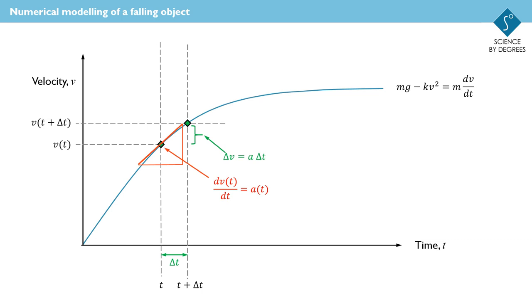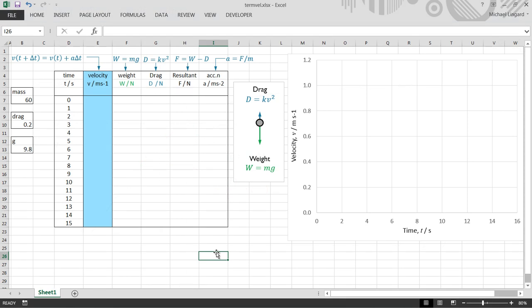If we're using values of delta t that are sufficiently small for that to be a good approximation, then the velocity at a later time is going to be given by the velocity at the earlier time plus an extra bit of velocity due to the acceleration. So we're going to use that approach to find the velocity as a function of time by finding a velocity at a certain time and then adding on increments of velocity that are calculated from the acceleration.